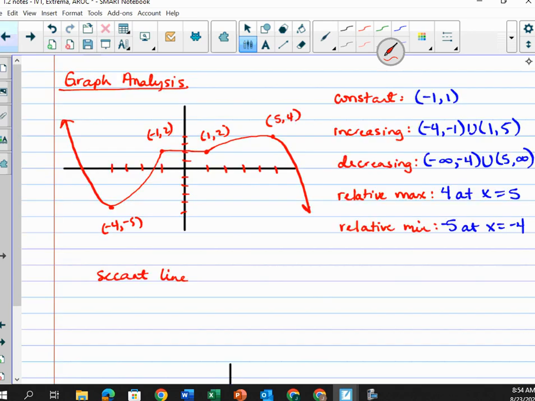For us, on a graph like this, here might be a secant line. Now, obviously, if you extend this, it's going to cross it in more than 2 points. But if we look at this little window of our graph over here, do you see how that blue line touches that section of the graph in 2 points? That's your secant line, okay? So it intersects the graph in 2 points.